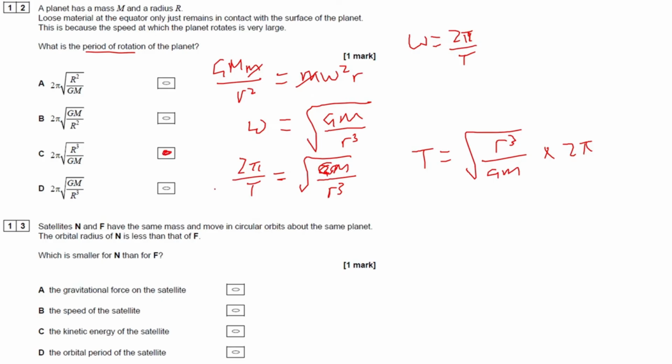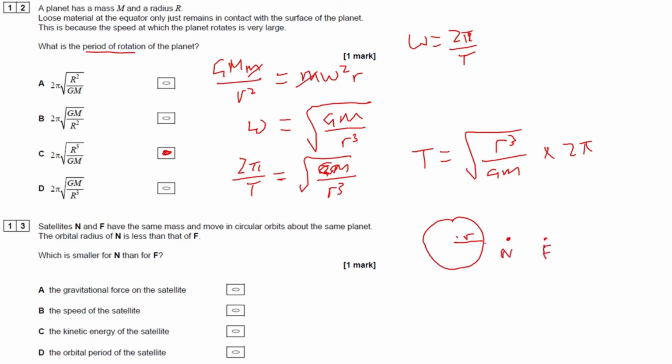For question 13, we have to think about which one of these quantities will be smaller for N than F for these two satellites in a circular orbit around the same planet. The orbital radius of N is less than F. So if I just do a quick sketch here, the radius of the planet, let's say N is here and F is a little bit further away.